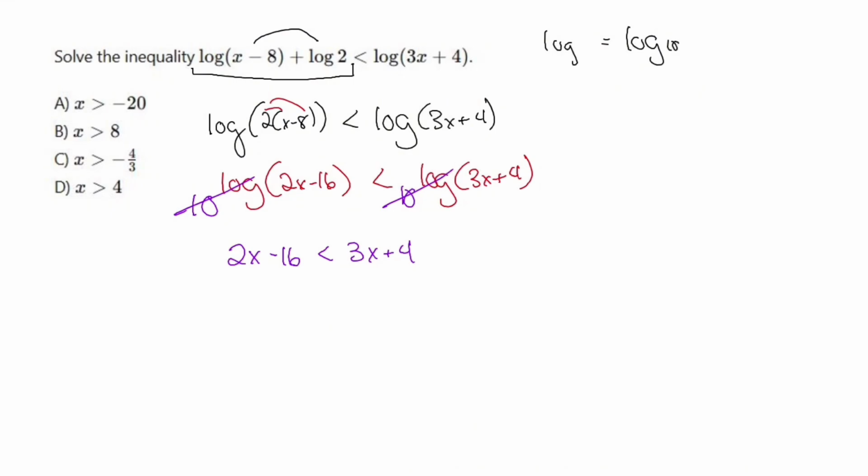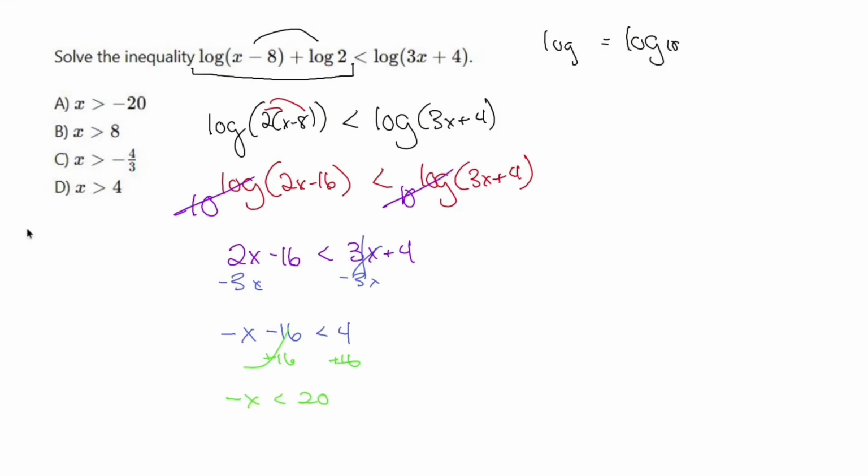And now it's just solving inequalities that you would have seen in the ugly parts of Algebra 1. Right? Subtract 3x from both sides. That gets you negative 1x minus 16 is less than 4. Add 16, and that gets you negative x is less than positive 20.